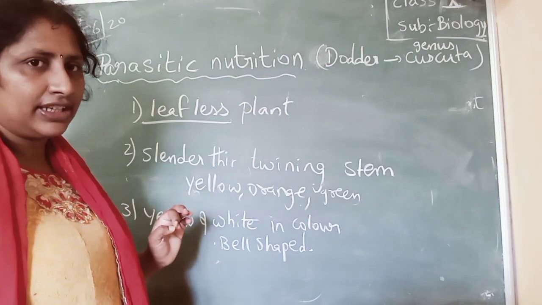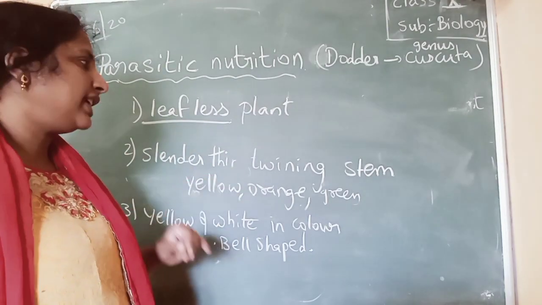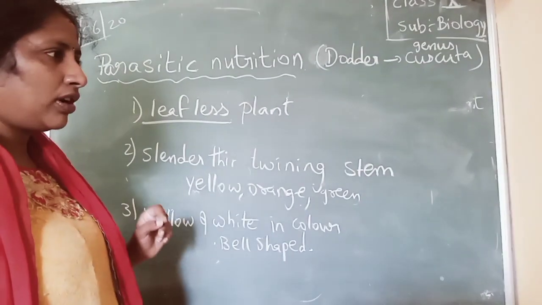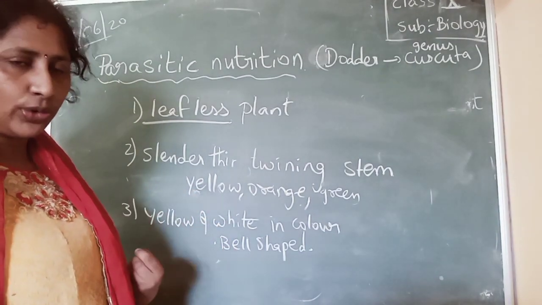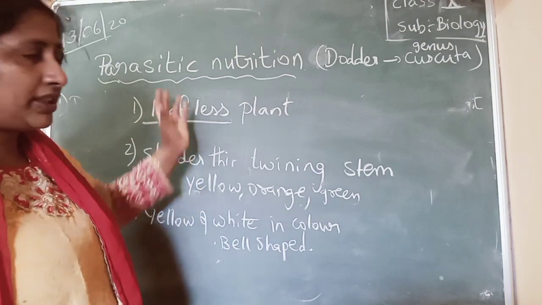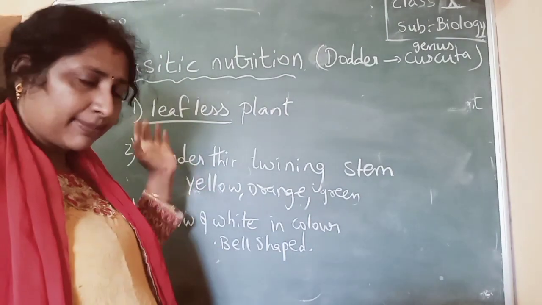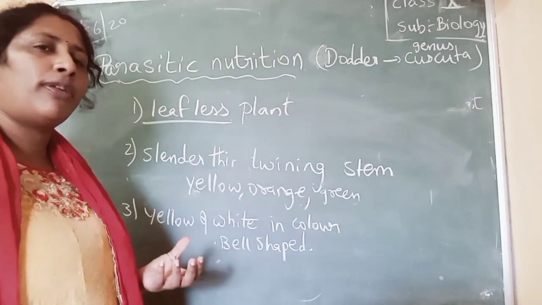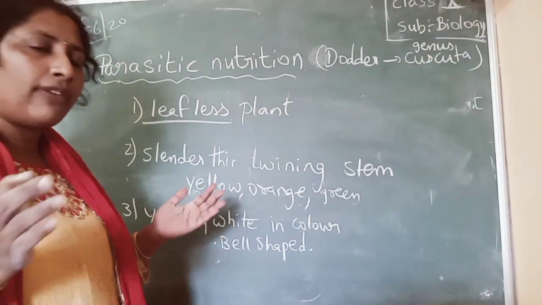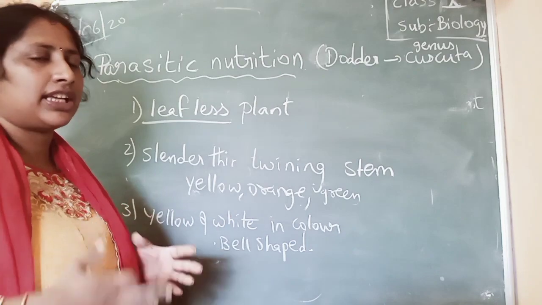Why are the leaves reduced? To avoid transpiration, because it is not preparing its food and it is not getting its own water. It should take water from some other organism. If the leaves are broad, the water will evaporate due to sunlight. To avoid that evaporation, the leaves are reduced.